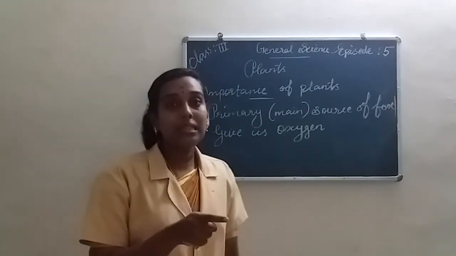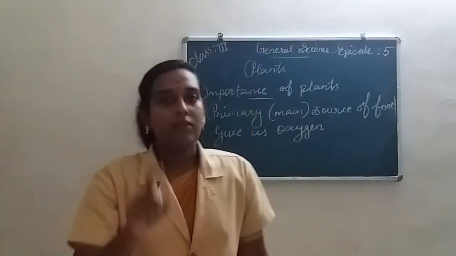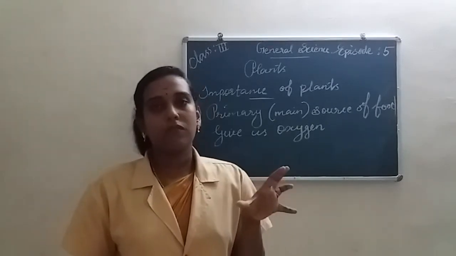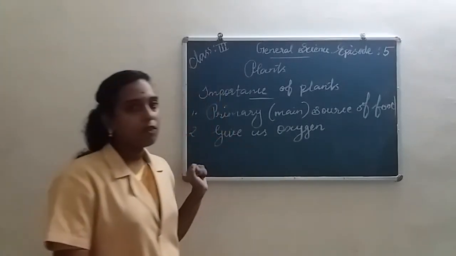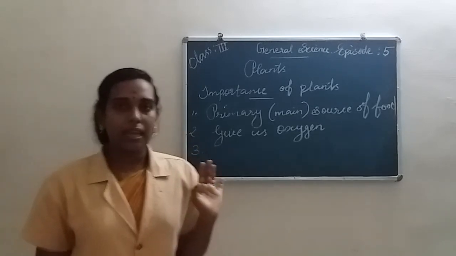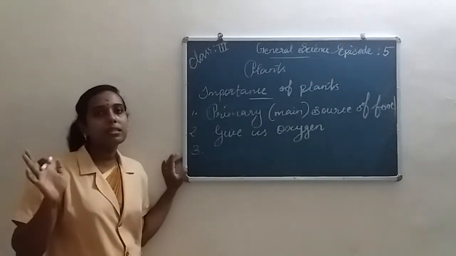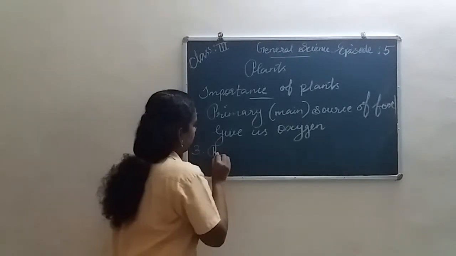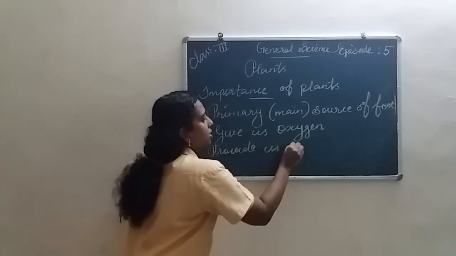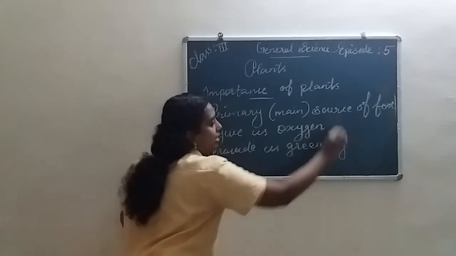Okay, that means the plants take in carbon dioxide during photosynthesis, which means the plants remove carbon dioxide from the atmosphere. Okay, these are the two main functions, and the third one is the plants provide greenery that makes our surroundings beautiful.